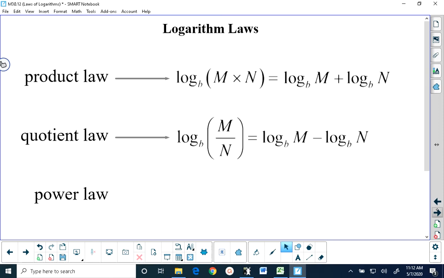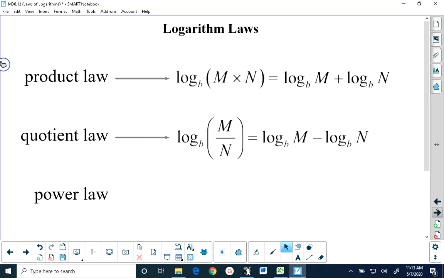But you should know that when you subtract things, the order in which you subtract them becomes important. So in the product law, the first law, you can add those two logarithms in any way you want. But in the quotient law, you must take the logarithm of the numerator and subtract the logarithm of the denominator.